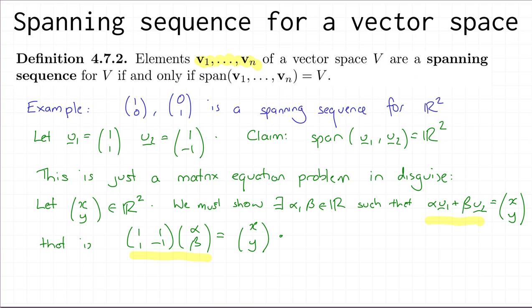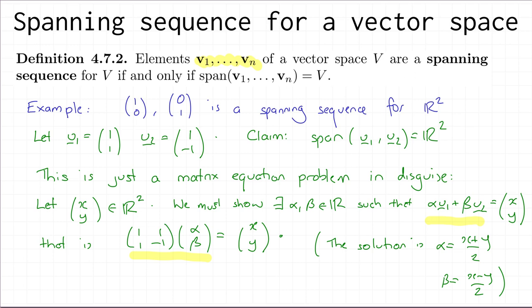Actually, we don't really need to do it this time because we can just spot there is a solution. We could spot that the solution is alpha is (x plus y) over 2 and beta is (x minus y) over 2. That is a solution to this matrix equation, and therefore every vector (x, y) is equal to a linear combination of u1 and u2.